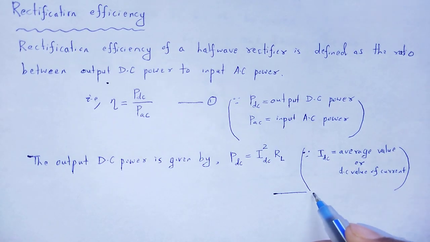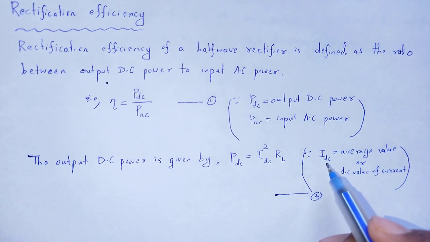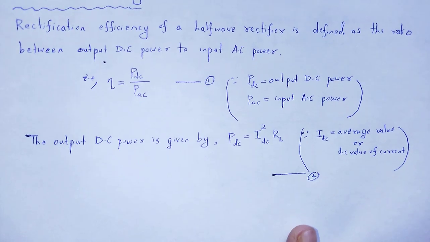Equation number 2. Now, we calculate what is the average value or DC value of current.